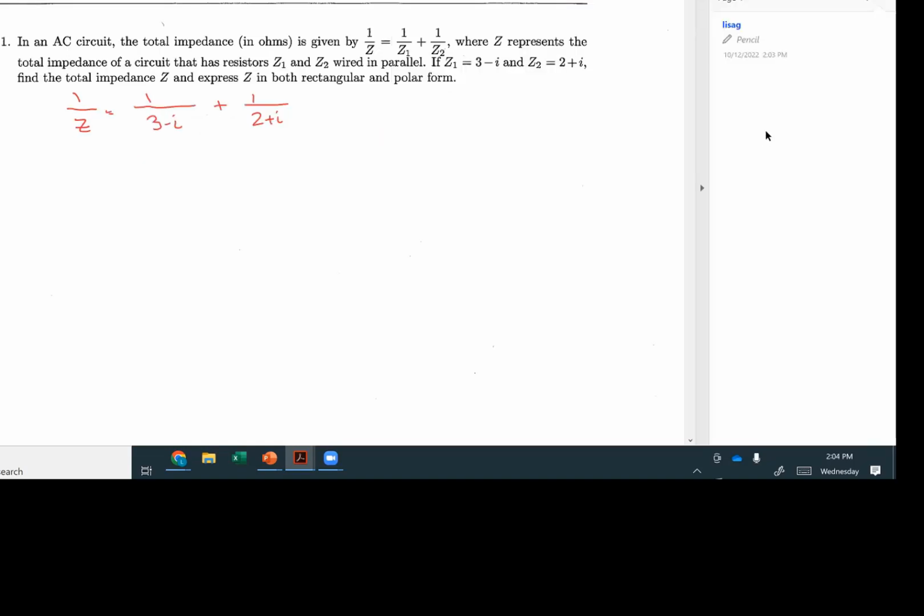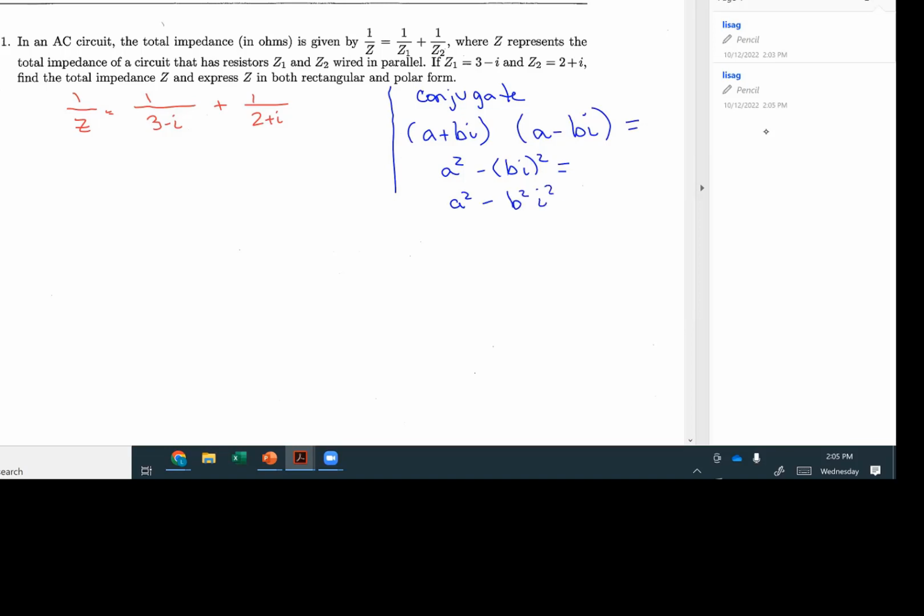What is the complex conjugate? If I have A plus BI, the conjugate is A minus BI. Why is that the conjugate? Because when I multiply these together, I get A squared minus B squared I squared.